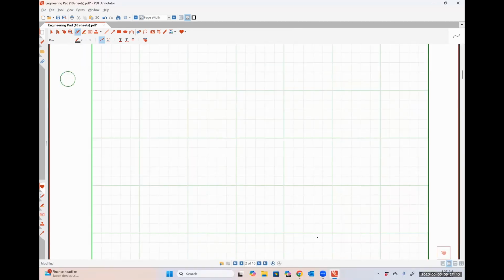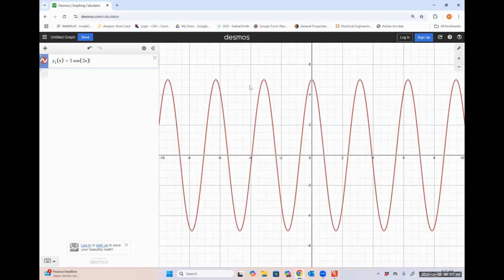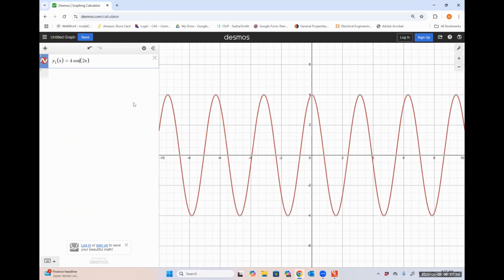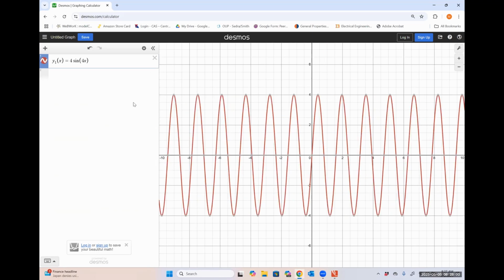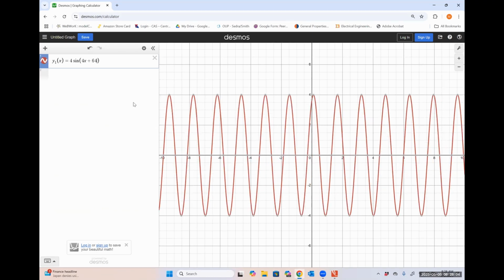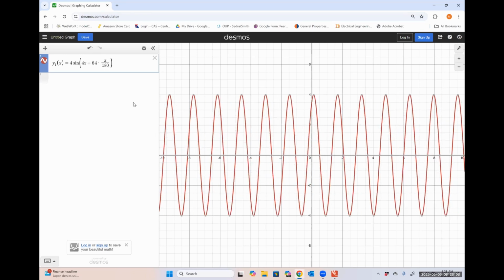So that's not what I wanted to have happen. So we had 5 sine 4x plus 64 times pi over 180. So there's our original signal.